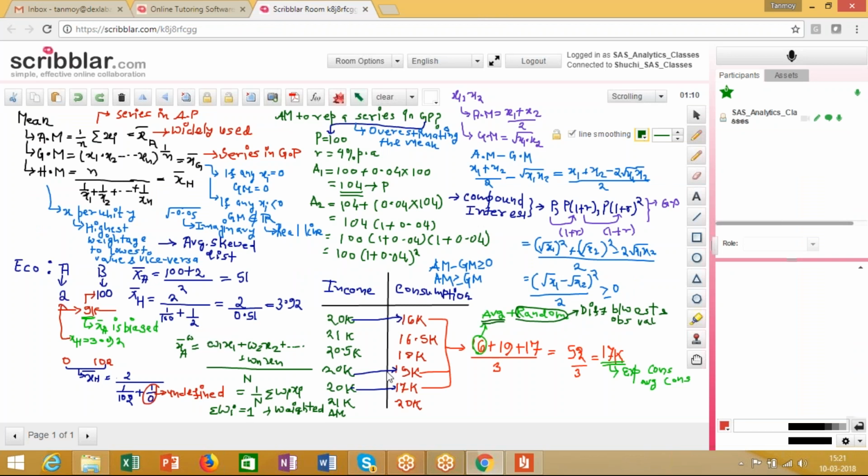So weighted arithmetic mean can be used to calculate portfolio level PDs, right? Portfolio level probability of defaults.